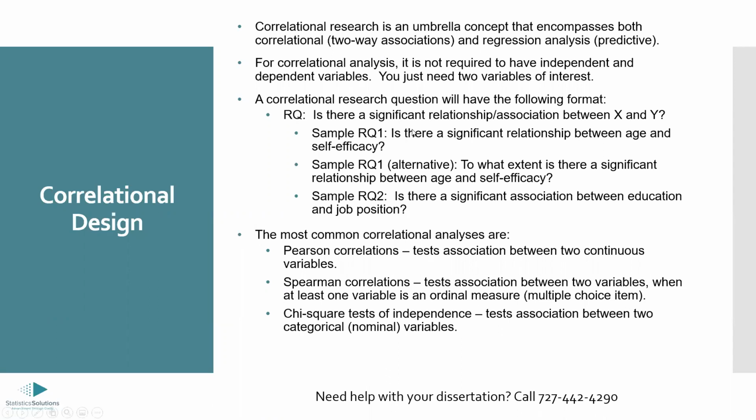So a sample research question for this would be, is there a significant relationship or association between X and Y? It could be inverted as well. You know, when you do correlational or predictive designs, usually the independent variable will be first and the dependent will be second. But when you do a correlational design specifically or correlational analysis, you can invert this. So it could be, is there a significant relationship between Y and X?